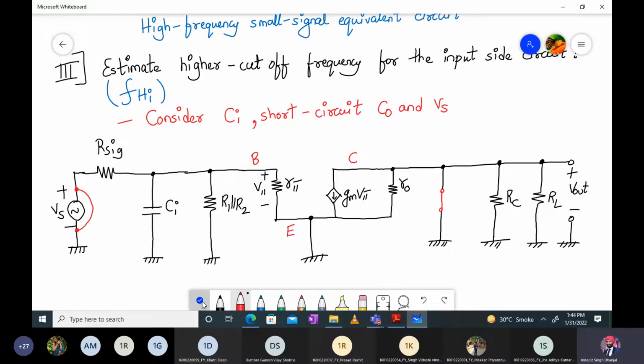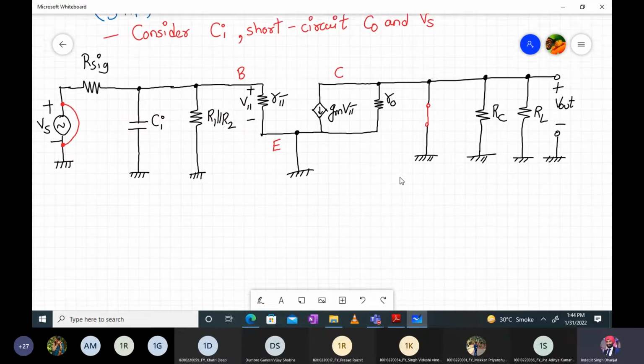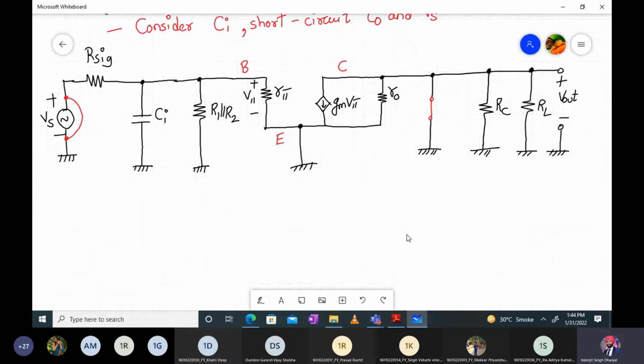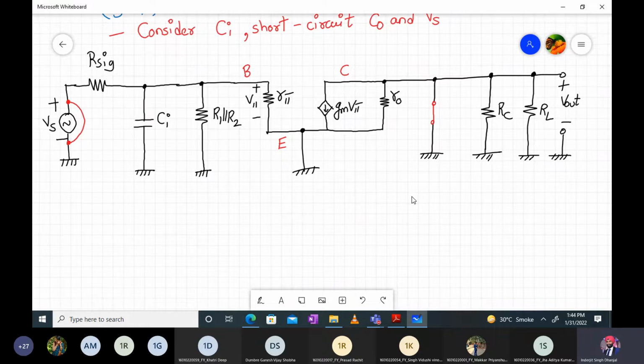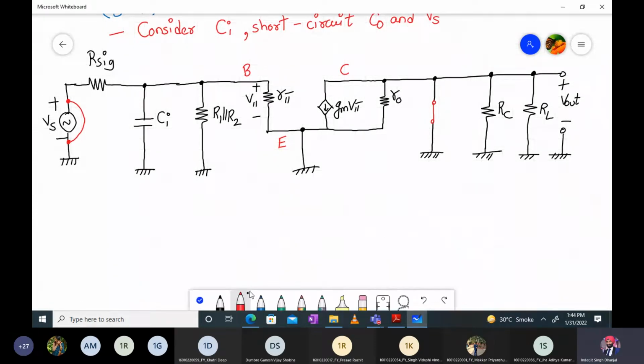Now we have to analyze the circuit. Tell me how to do it. Anyone? See, if I short circuit this, Ro becomes redundant, Rc becomes redundant, RL becomes redundant. And what is the impedance offered by the current source?